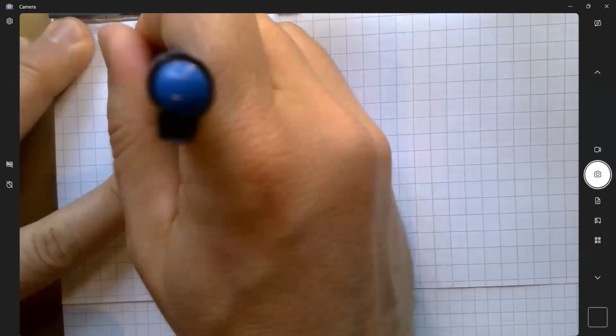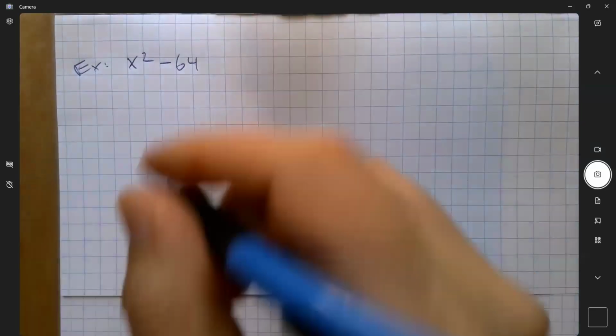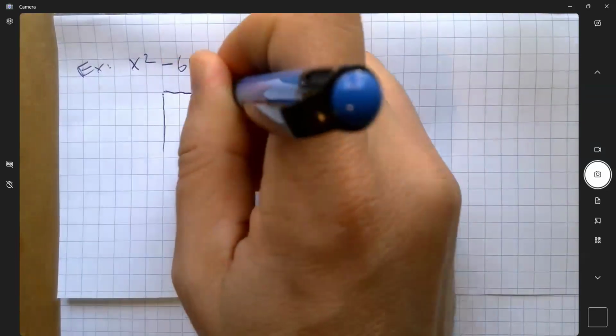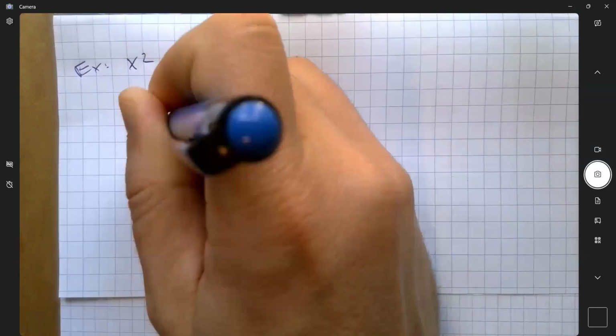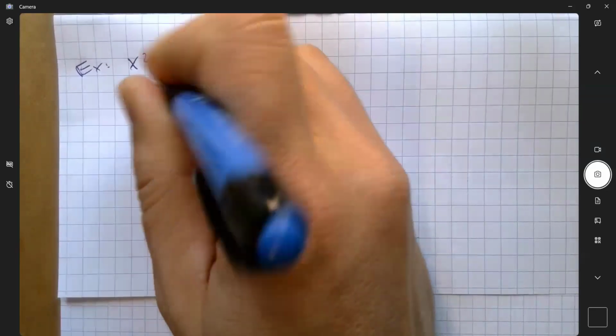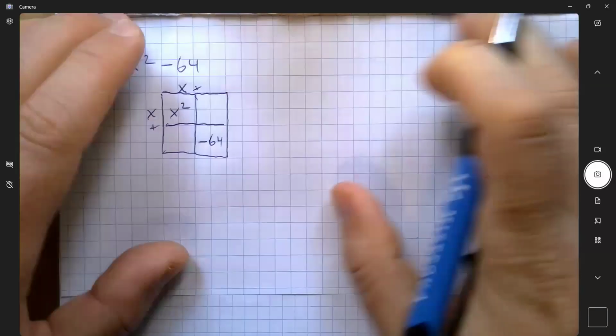Let's try another one. Let's look at x squared minus 64. So let me use a box method, and then I'll write down our general rule based on the box method. X times x gives me x squared like I want, and then my constant term should multiply to be negative 64.